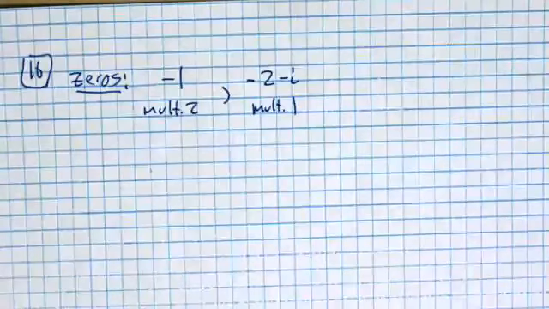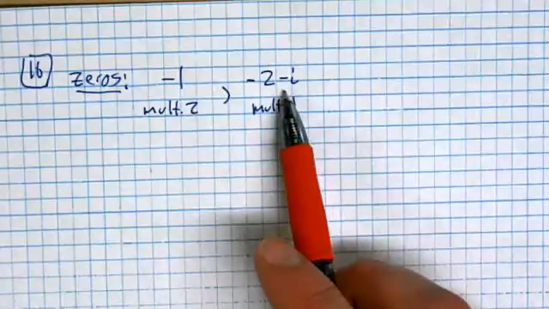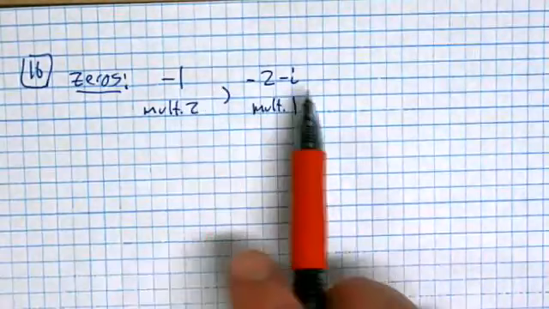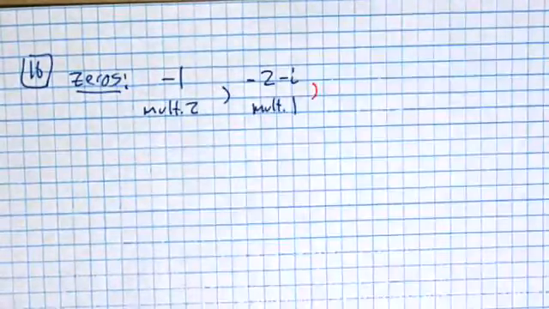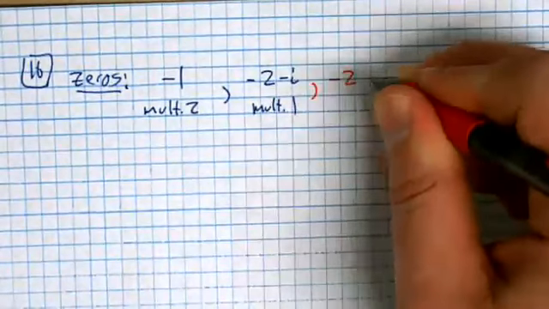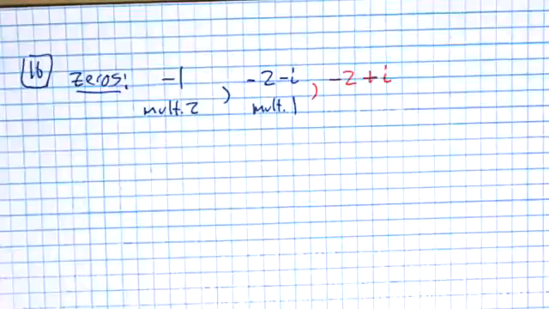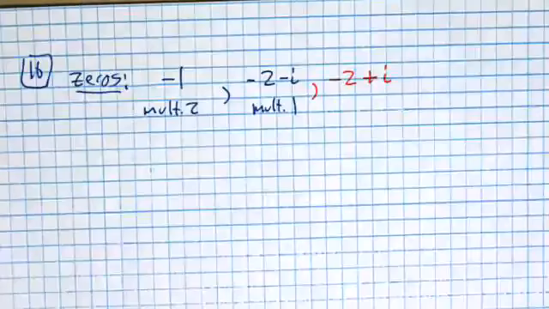And they said minimum degree, so we're not going to add any more zeros in unless we absolutely have to. Do we absolutely have to this time? Yes, we have a complex zero. Those have to come in pairs. I don't see a complex conjugate for this in here yet. So we're going to have to put our own in. So -2 minus i, the conjugate would be -2 plus i. Remember, it's only the imaginary part that switches signs.